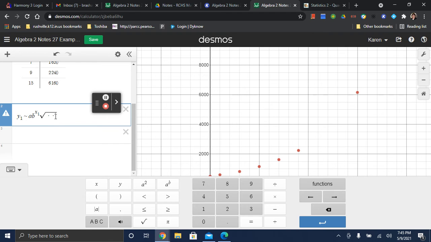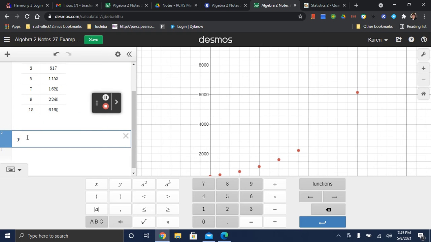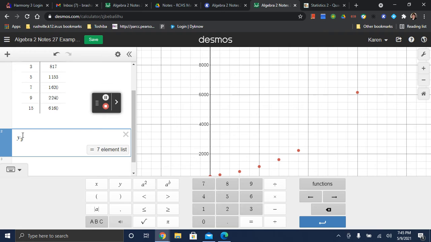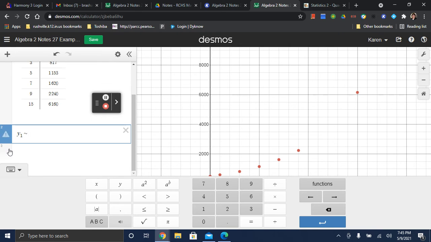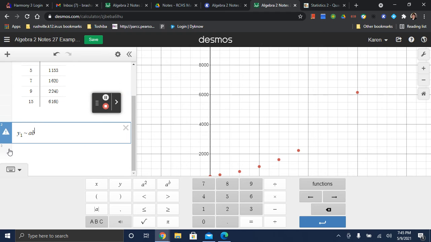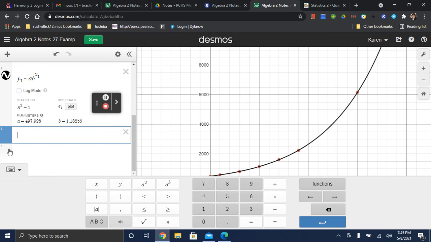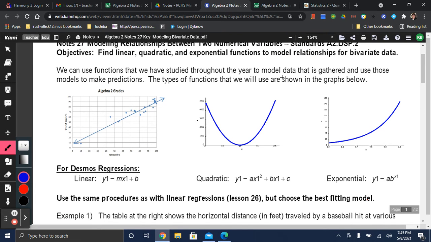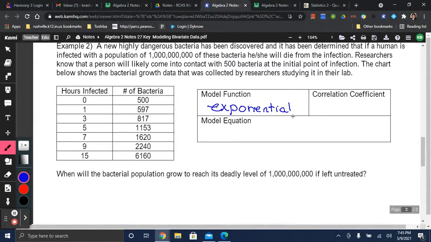Okay, I'm going to go ahead and retype this. Then hit enter. And here I was trying to do your square root of 1, which is just 1. So your r squared is 1 on this.